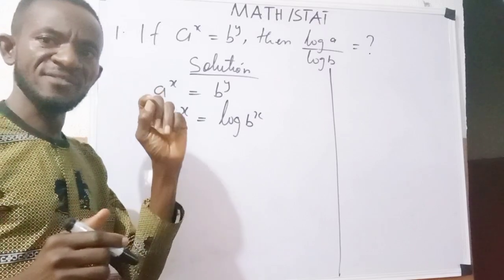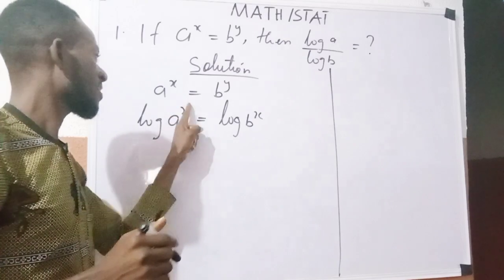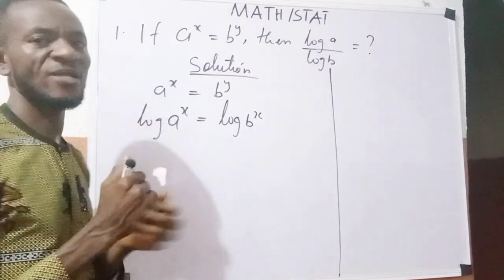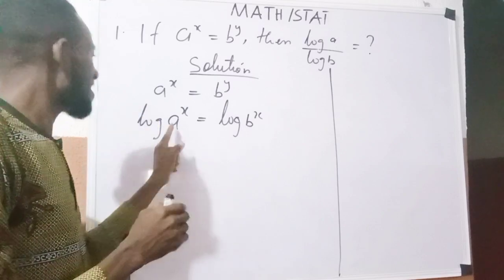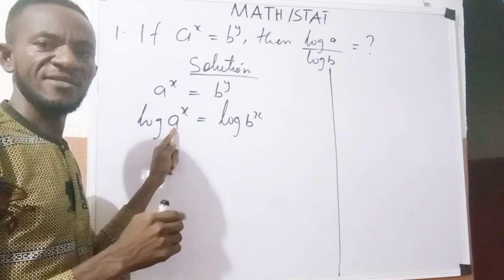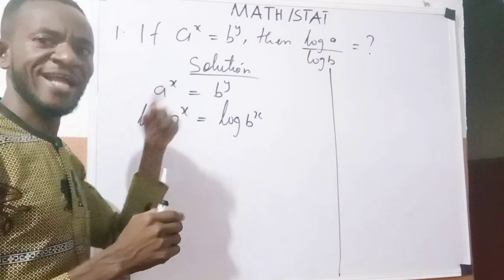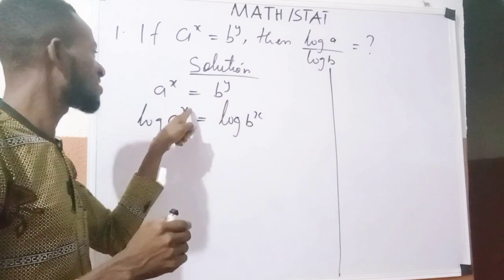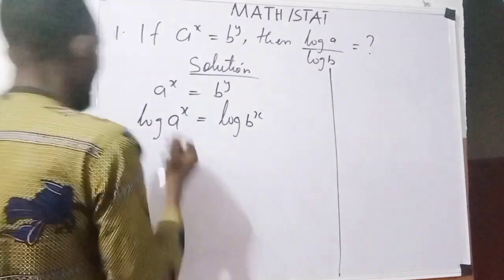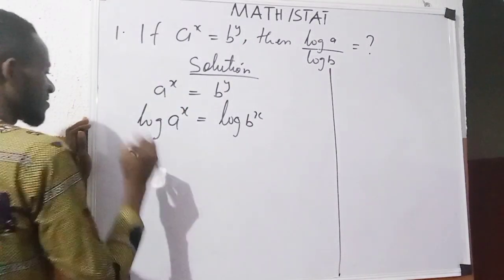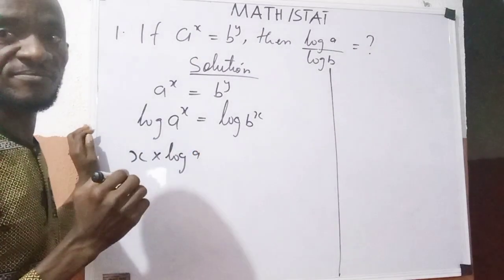Remember that law in logarithm that says that when a number is raised to a power, we use that power to multiply the log. Whenever this a is raised to a power, that power is x, we are free to write that expression using that power, x, to multiply the log of that number. So this thing at the left hand side can be written as x times log of a.